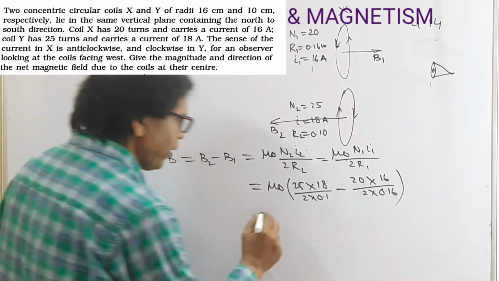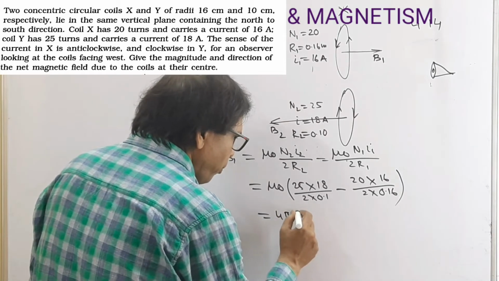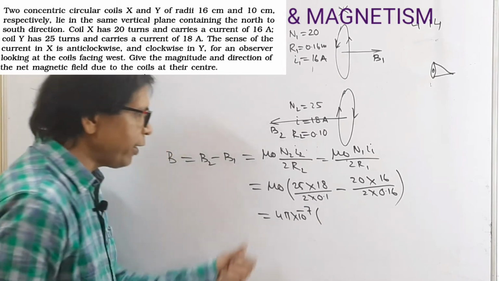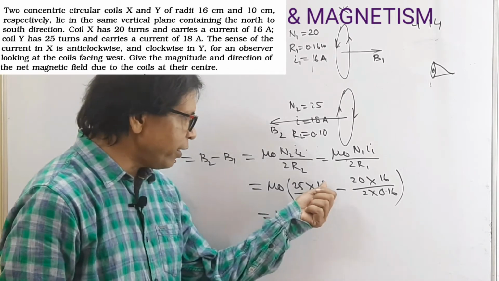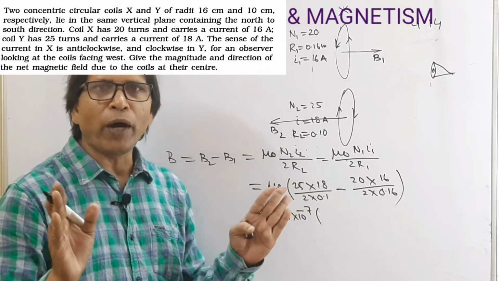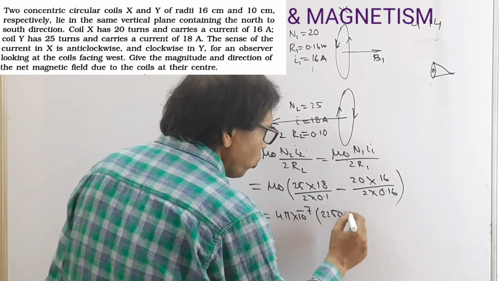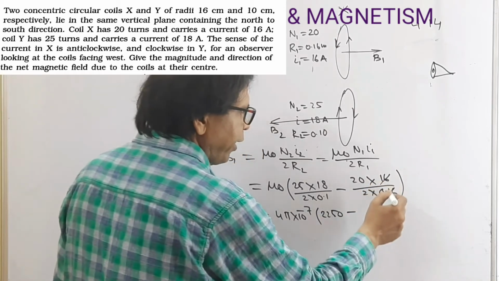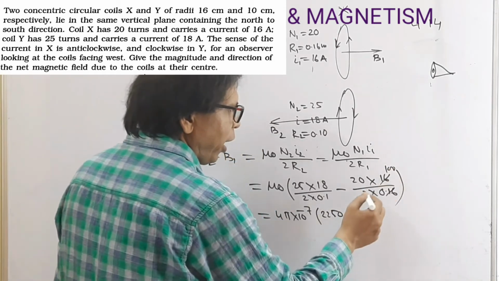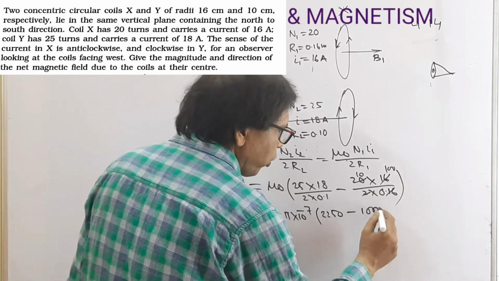Now this is 4 pi into 10 to the power minus 7. Now this is 9 into 25, so 225, and this is 0.1, so this is 2250. Now this is the 100. Now this is the 10, so this is the 1000, okay.